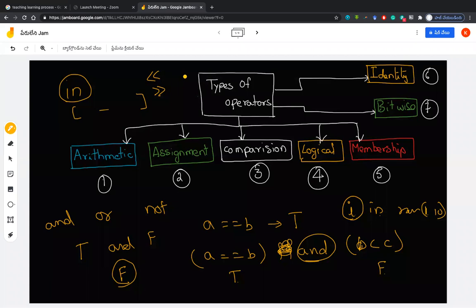So I'm only talking about and or. Because if you just look into XOR also, you can understand how XOR works. XOR is also having a table like true or false. Like and or, you also have XOR. You can just check out and find out what is A XOR B. Okay, that you learn on your own.